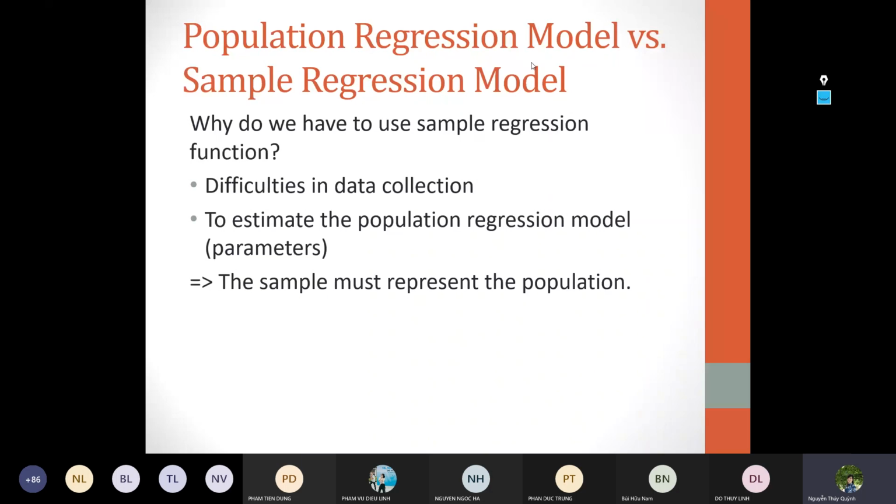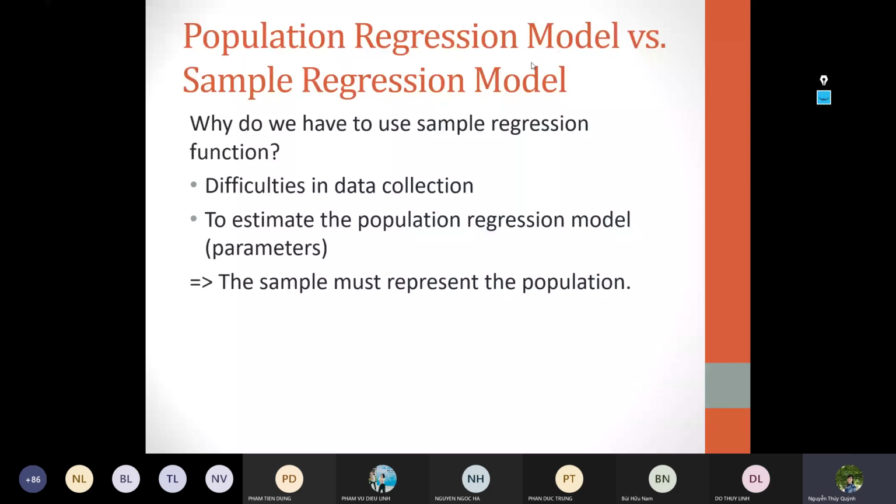In order to get a good estimation of the population regression model, our sample must represent the population. The sample must be representative of the population. Then the statistic, the characteristic of the sample, can be used to make inference about the population regression model.